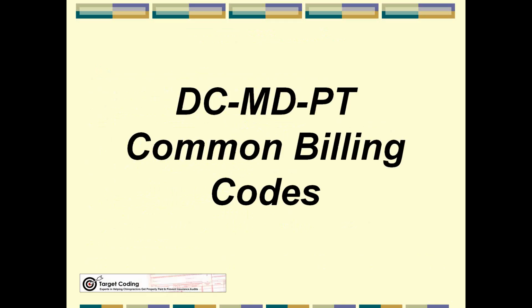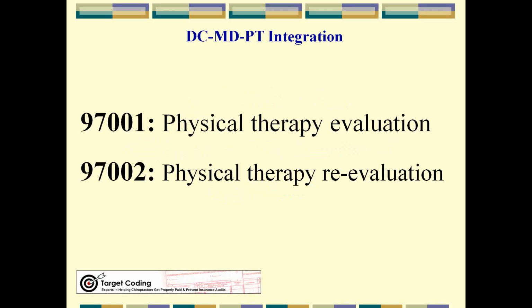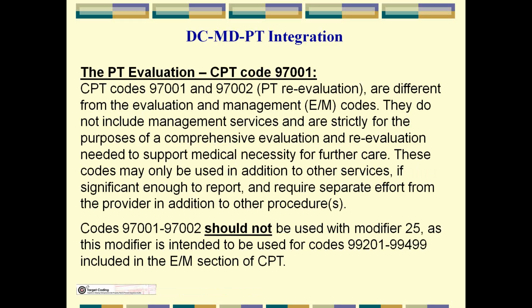So let's go through a few of the most common billing codes. If you bring on a physical therapist, you're going to be billing these. These will be the first codes you bill, 97001, a physical therapy evaluation, and then a reevaluation is 97002. So let's talk about these. CPT codes 97001 and 97002.